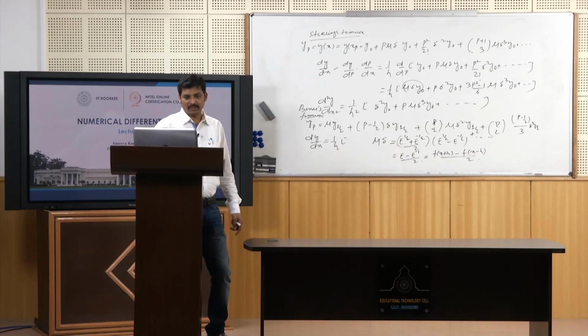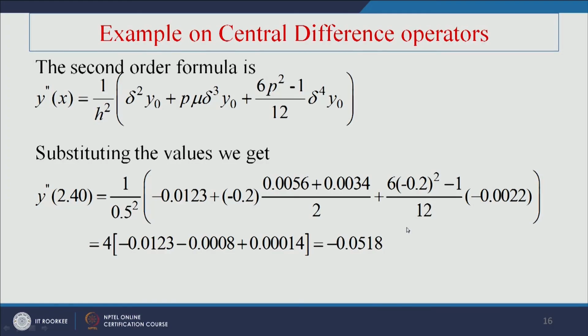So it can be considered as minus 0.0123, plus the p value, minus 0.2, into the average of delta q values we have considered, and the rest of the values can be defined in the same form. Finally we obtain y double dash of 2.40 as minus 0.0518.